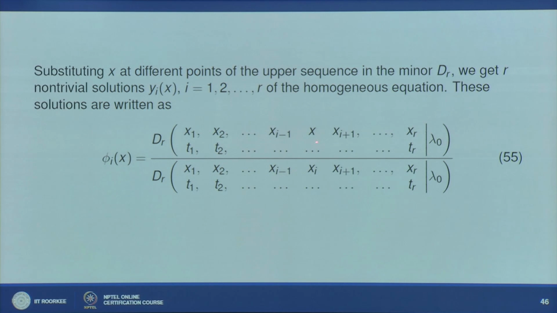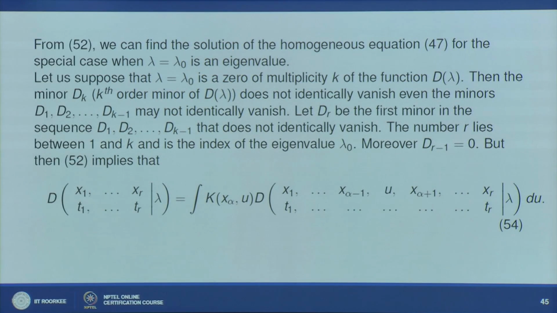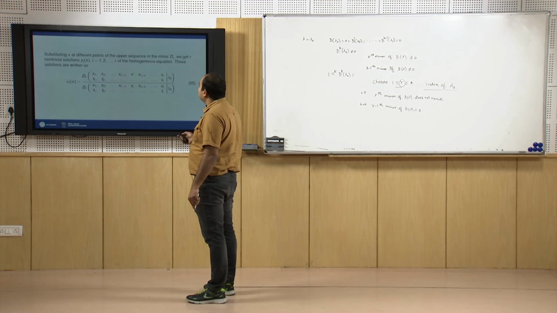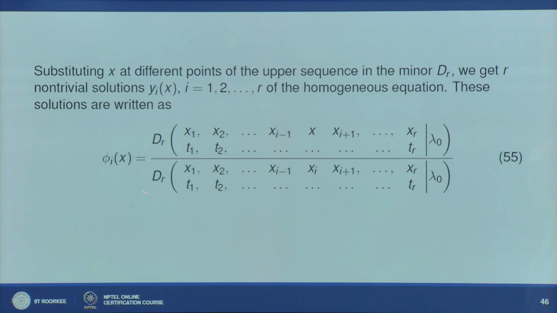What we are doing here is replacing the ith position of the upper sequence by x and dividing by D_r. This ratio is a function of x, and this phi of x is the solution of the homogeneous Fredholm integral equation. In this way we can get r linearly independent solutions.